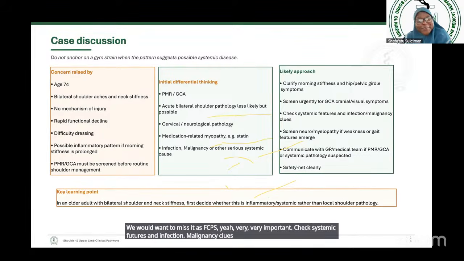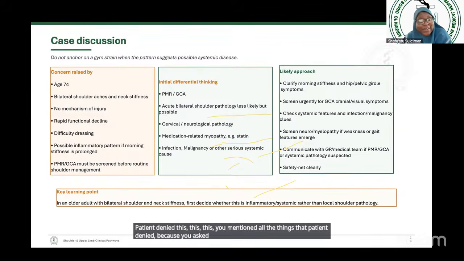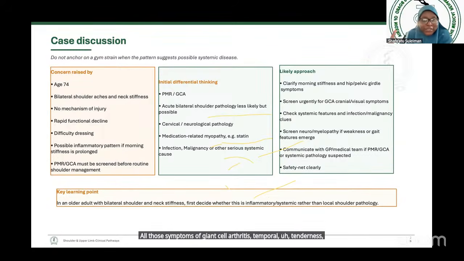After screening, if the patient denied all this, you mention all the things the patient denied because you asked. You will not only say nil this, nil that. Patient denied visual symptoms, pain, all those symptoms of giant cell arteritis, temporal tenderness. Patient denied them, so you are free.